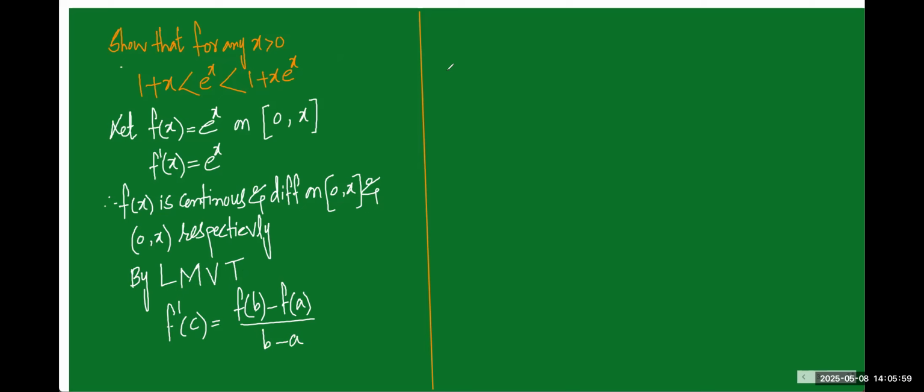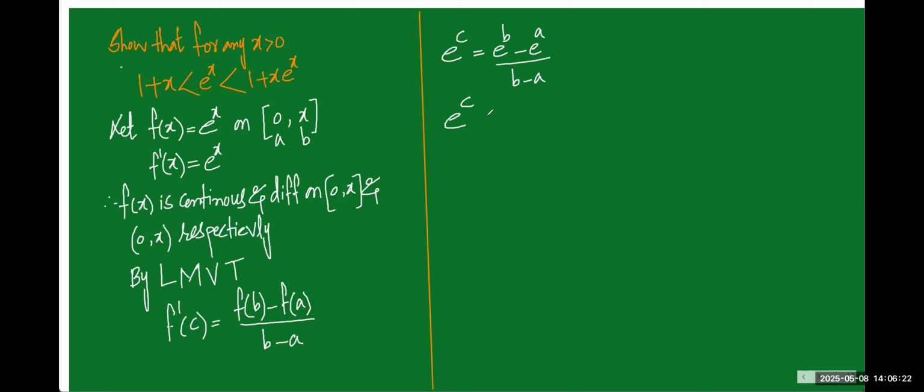Yes, sir. Now f dash of c is nothing but e power c here, correct? F of b means e power b, f of a means e power a, divided by b minus a. But already we know that our a value is 0, our b value is x. Replace here.